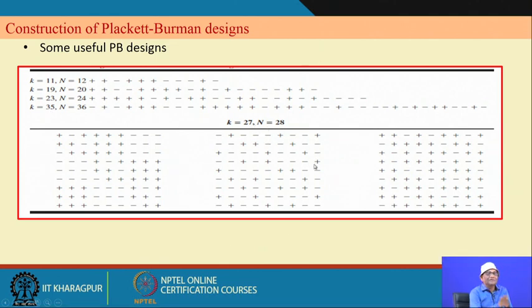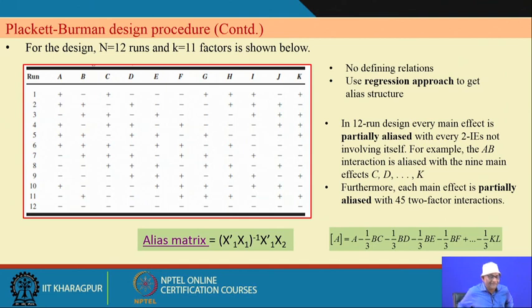So, these are the starting points given. When you start using Plackett-Burman designs, you first know the number of factors and what n value you want to choose, and accordingly you select one of the initial first trials from the given plus minus signs, and you follow the cyclic process and get the complete design. This is what is presented here.